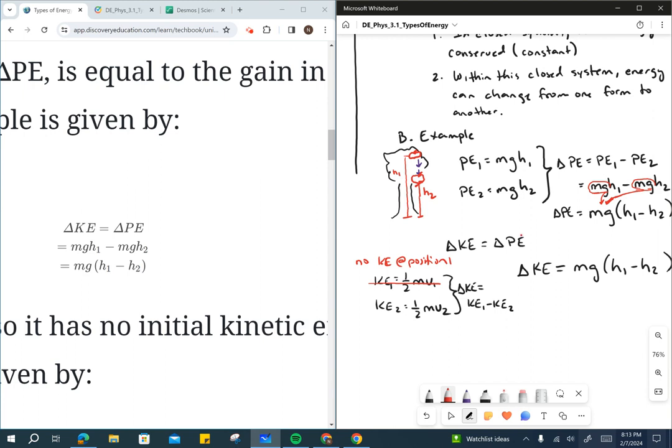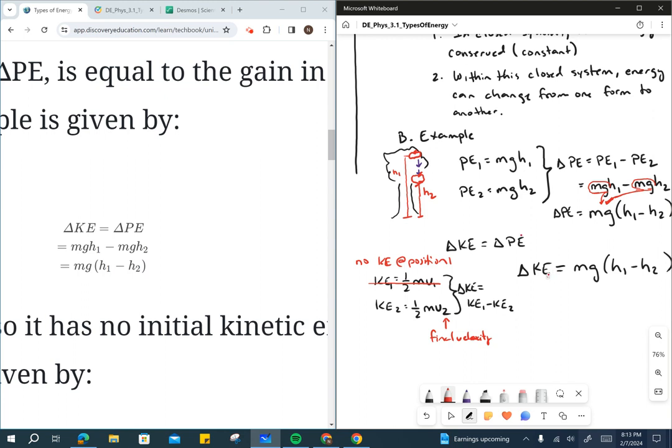Our change in kinetic energy is just going to be KE2, 1/2 times the mass times the velocity 2. And this velocity 2 would basically be the final velocity when it fell.